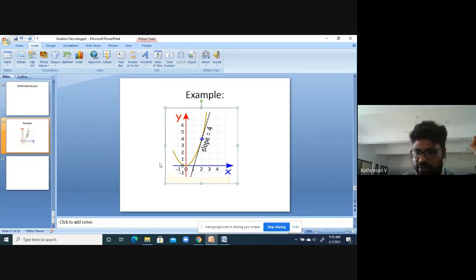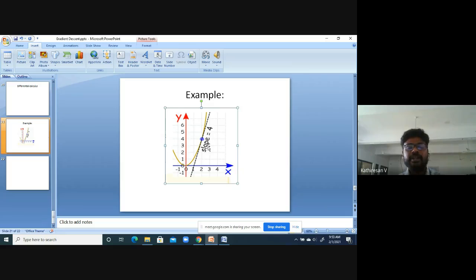If the curve is x cube, slope is 3x square. So 3 into 4, 12 is the slope number. Here slope is 4 because formula is 2x. So in that way you have to identify slope for a particular point in a curve.